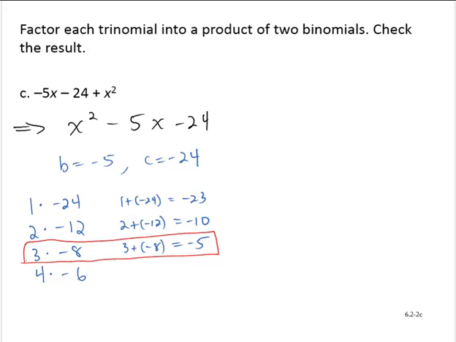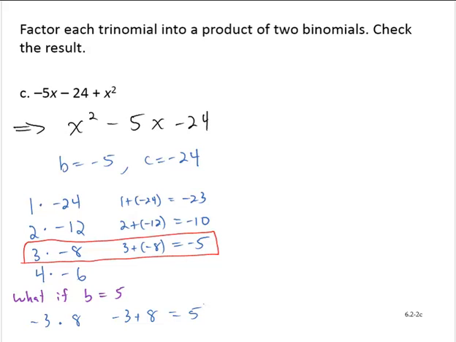Now, suppose, and it's not in this example, but what if b was positive 5? Well then I would just change the signs on the numbers. If I had negative 3 times positive 8, notice that negative 3 plus 8 is positive 5.